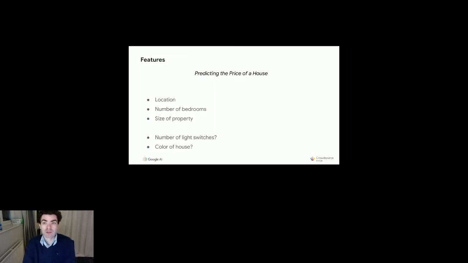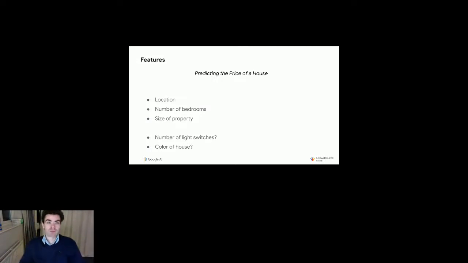But you might discover that your assumptions were wrong. Perhaps number of light switches speaks to some larger truth, and it's actually highly relevant, or is the proxy of something that's highly relevant.